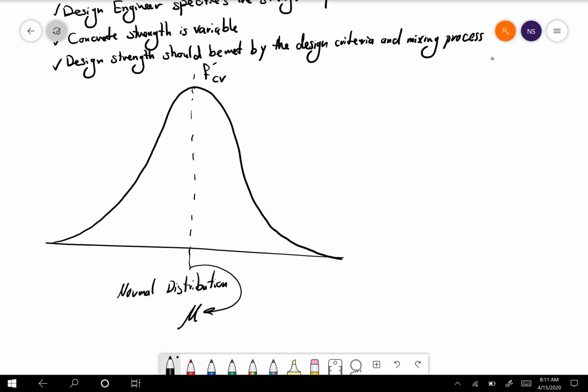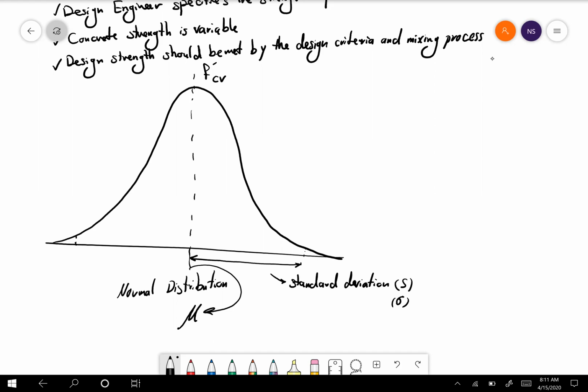And again, if you remember from statistics, from this curve we can specify the range of variations, which is in this case the standard deviation. Sometimes they call it S, sometimes they call it sigma.